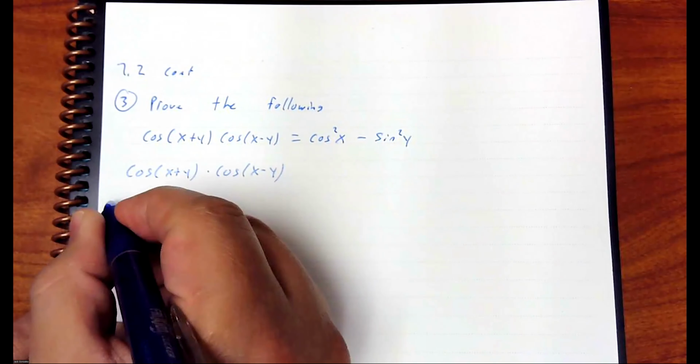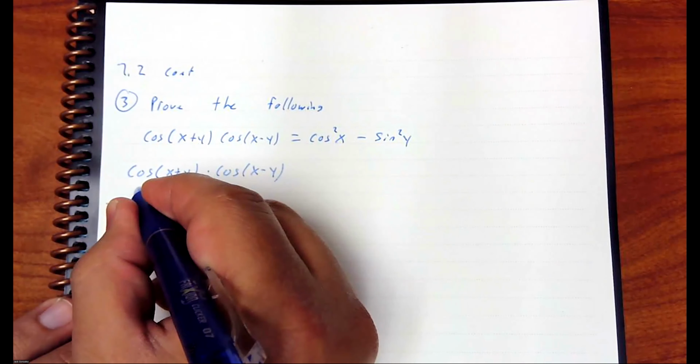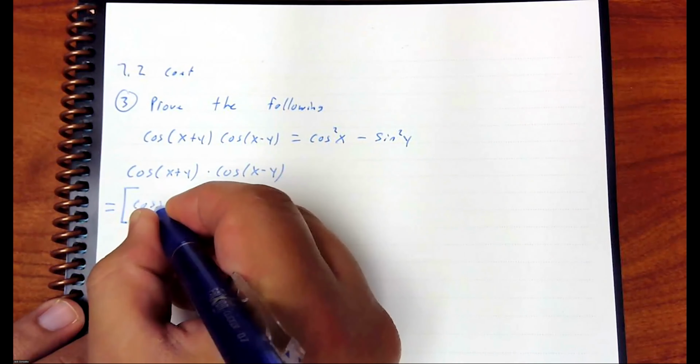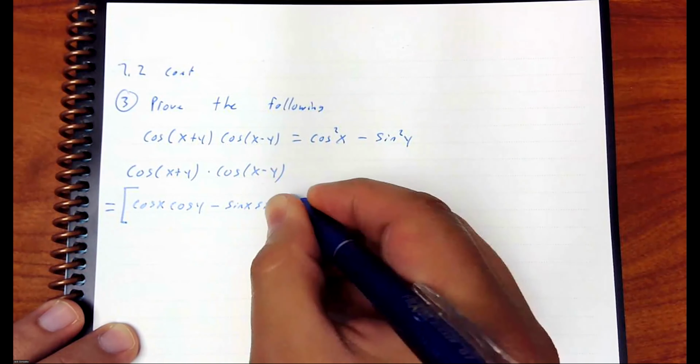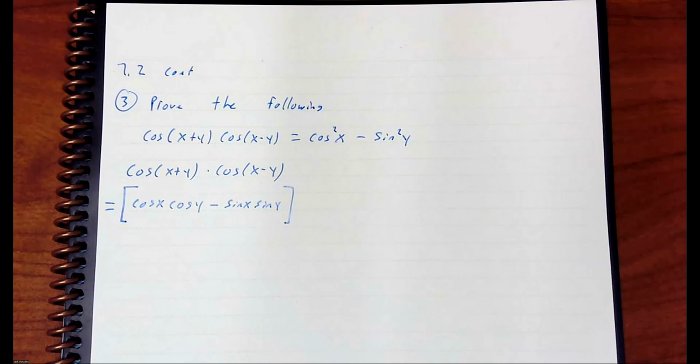So use your sum of angles for cosine. I'm going to put it in brackets for that cosine part. This would be cosine x cosine y minus sine x sine y. So that's the first expansion, the cosine x plus y.